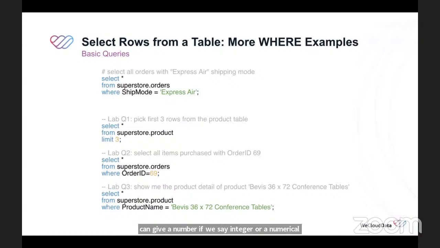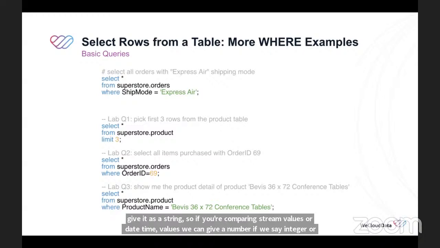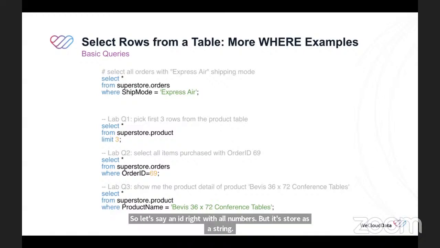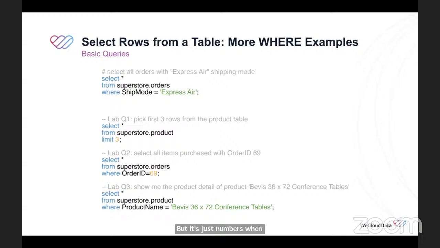In some SQL languages, if the value is stored as a string but is technically numerical, let's say an ID with all numbers but stored as a string, when you're doing a comparison, sometimes it does work if you just input numerical values without the quotes around the string.